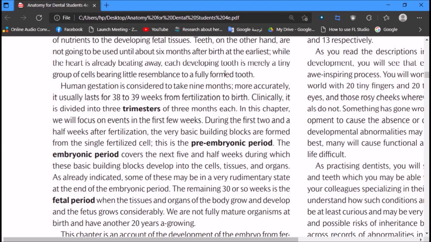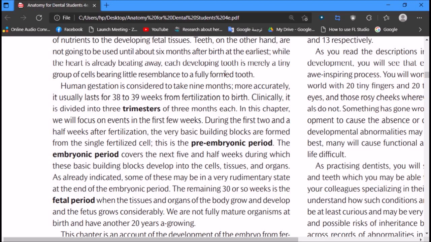Something has gone wrong during their embryological development to cause the absence or deformity of tissues or organs. Such developmental anomalies may be life-threatening at worst, and even at best, many will cause functional and cosmetic defects and render life difficult.